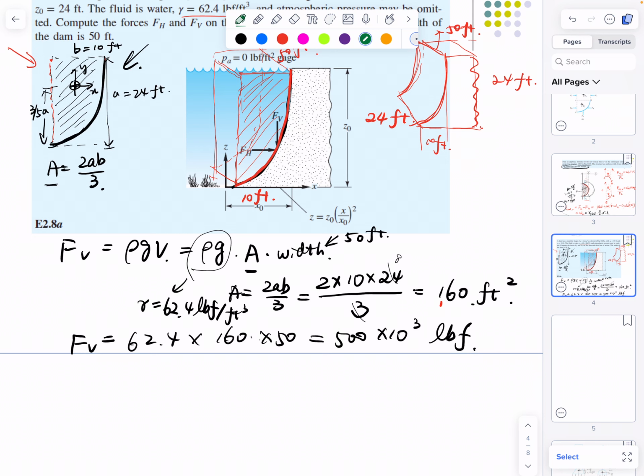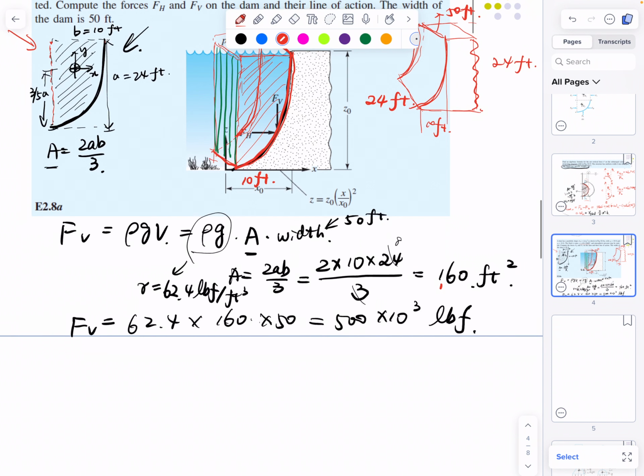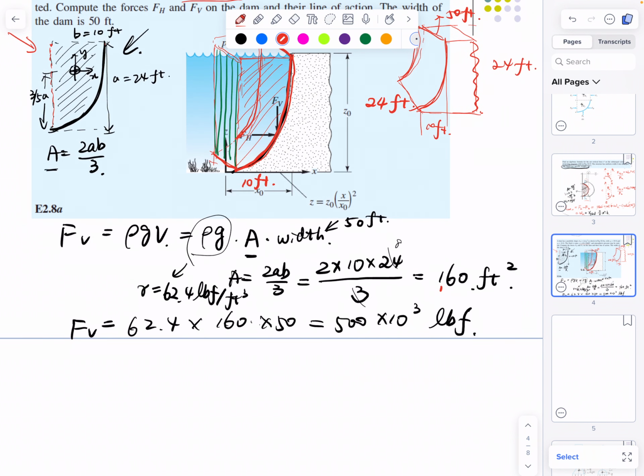It's this surface. This is the projection of this curved surface to a vertical panel. It became a rectangle.